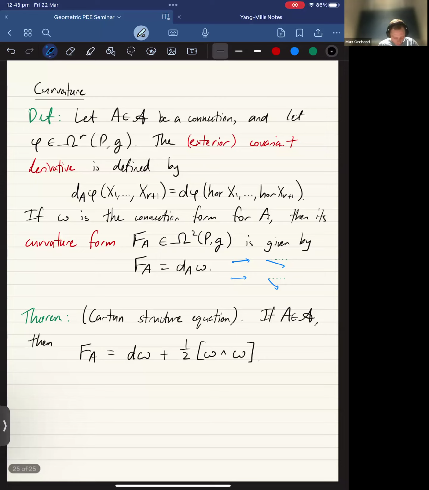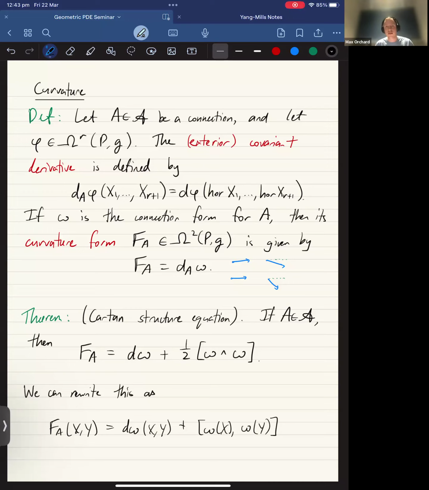Now, we can rewrite this as this as well, using the properties of the wedge product that we defined earlier. Now, I'm not going to provide a proof of this statement.